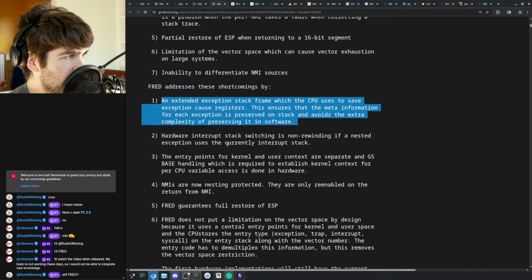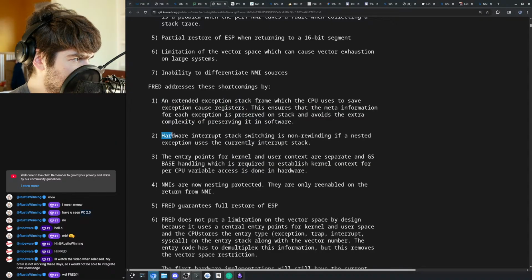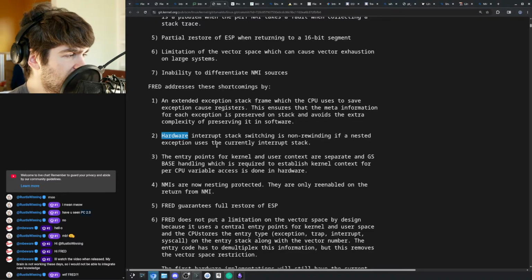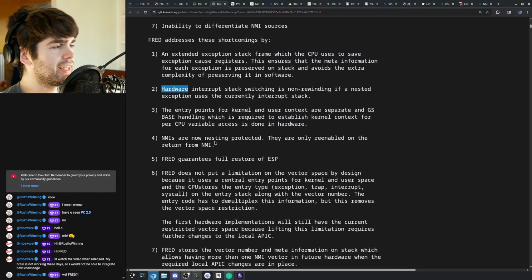What the heck, FRED? Hardware interrupt stack switching is non-rewinding if a nested exception uses the current interrupt stack. I have no idea what that means. Holy!